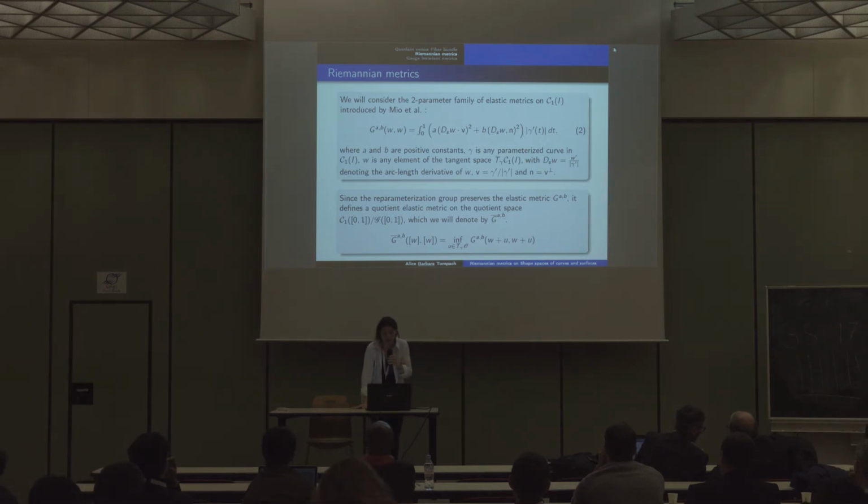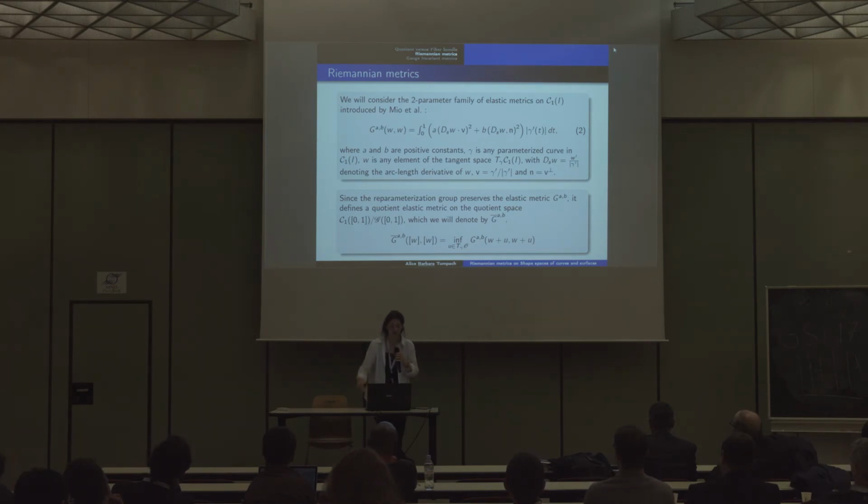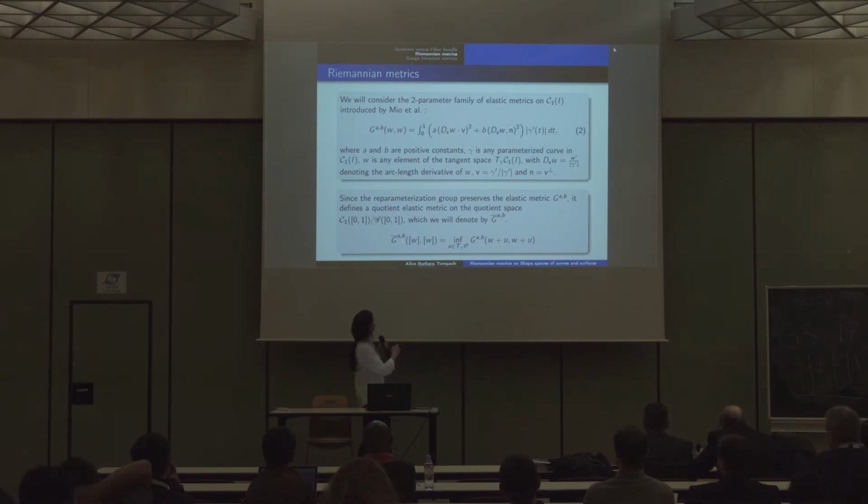So this is a well-known elastic metric introduced by Mio, Srivastava, and so on. And since the group of reparametrization acts in an invariant way on this metric, it goes to the quotient. So here is the definition of the quotient metric.